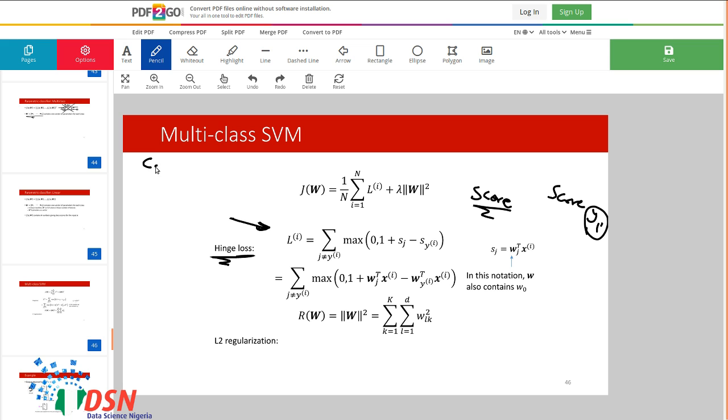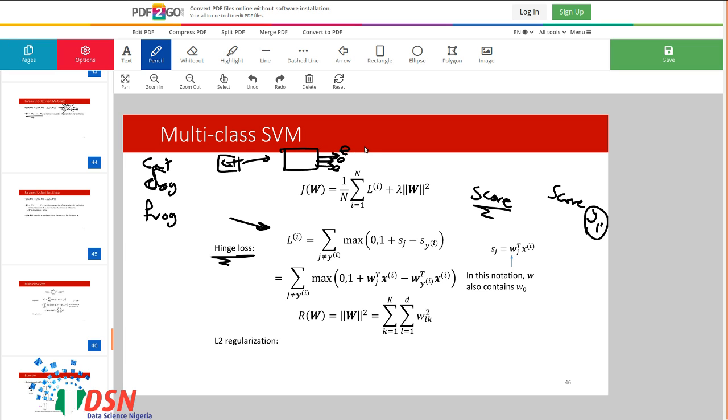Let's say we want to classify cat, dog, and frog. The input image is a cat, so the true label is cat. We want our algorithm to give us three scores, one for each class.